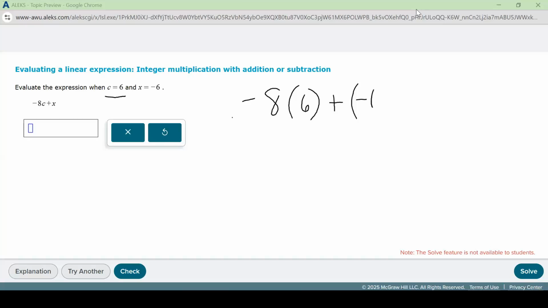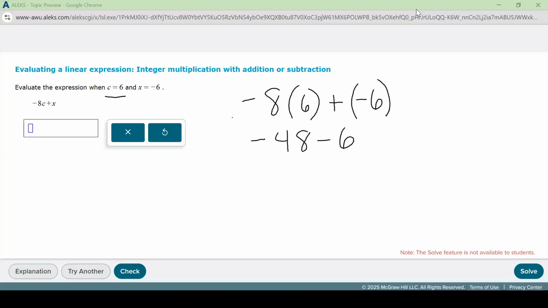So we like to put the negative part into parentheses. So negative 48. And we don't keep the plus there. We just say minus 6.